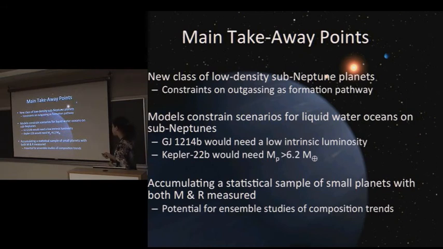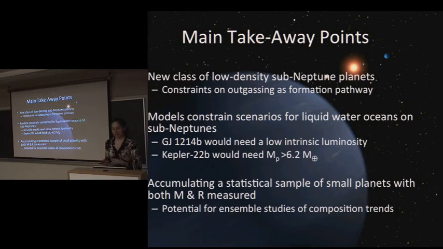I described how we can use climate and interior structure models to constrain scenarios for liquid water oceans and sedimentary planets, and highlighted how GJ1215b would need a very low intrinsic luminosity to have a surface liquid water ocean, while Kepler 22b would need to have mass larger than 6.2 Earth masses.